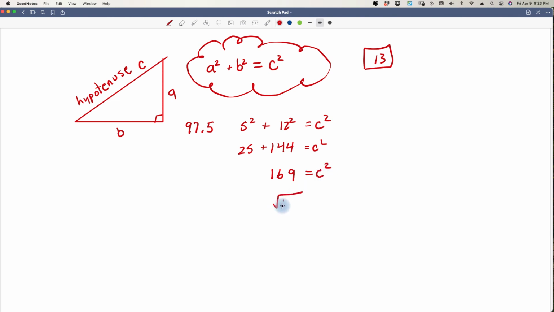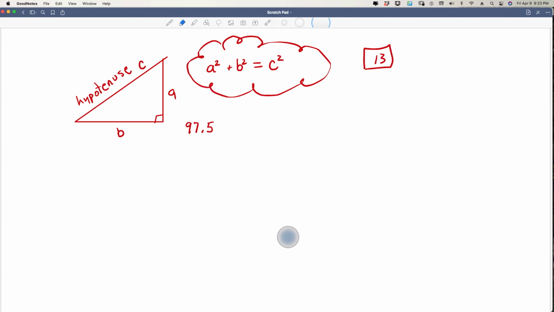The square root of 169 is 13. So that's correct. All right, that's just one of the triples. So 5, 12, 13 is one of them. Another one we have, let me erase this too. We have one that says it should be 8, 15, 17.